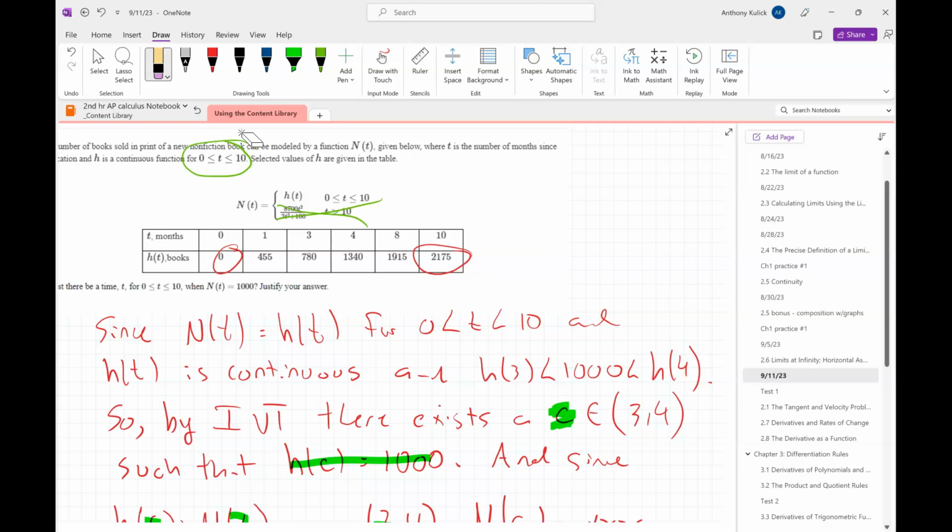But if you recognized anywhere that h of t is continuous and n of t is equal to h of t over 0 to 10, so n of t is continuous from 0 to 10, you'd be good, however you stumbled through saying that. If you can say h of t gives me continuity for n of t for the part that I care about, you know.